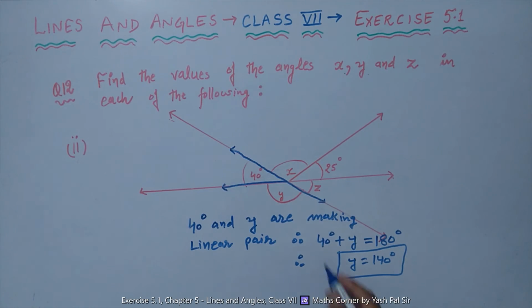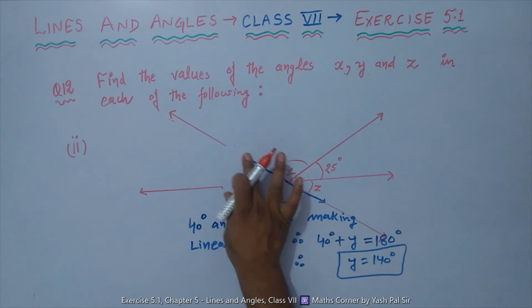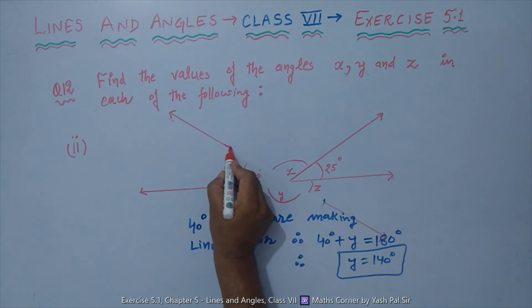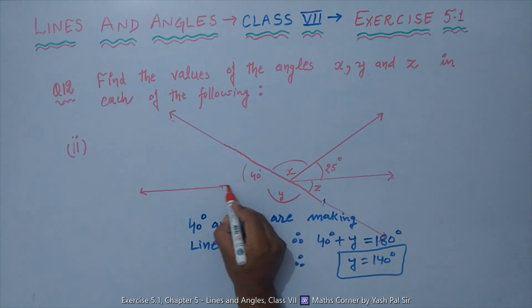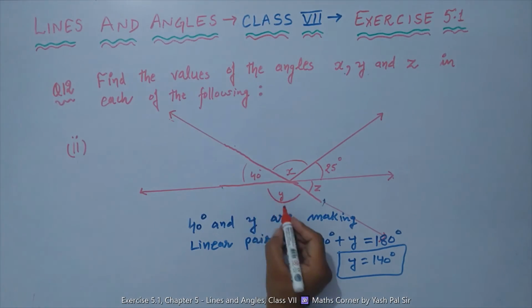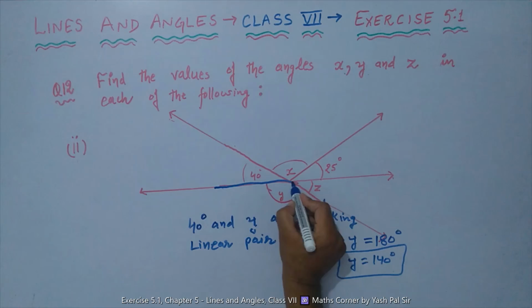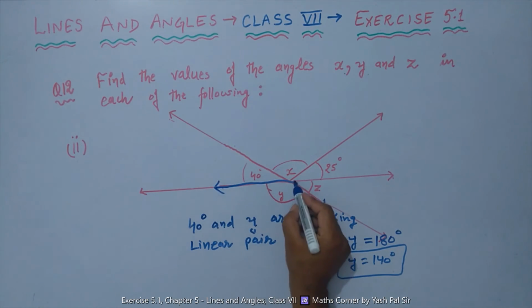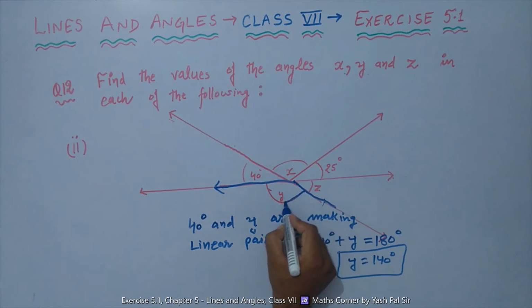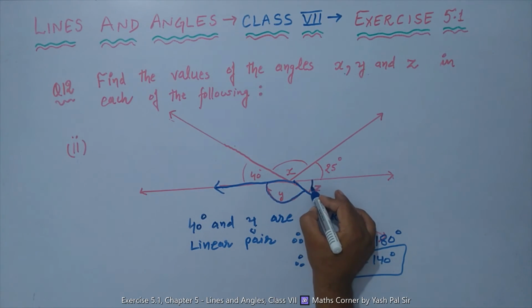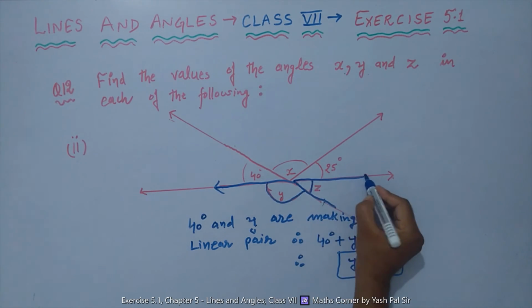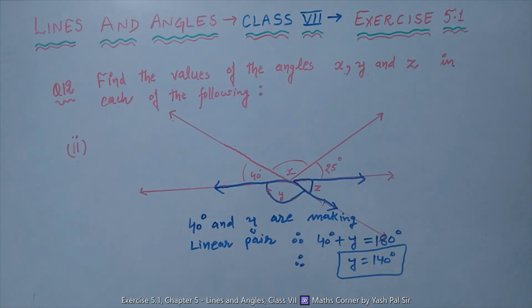Now second time we have y. This is the y, this line. Here we have y. Thereafter we have z. They are again making linear pair, A part.